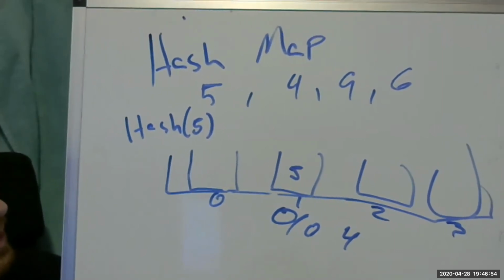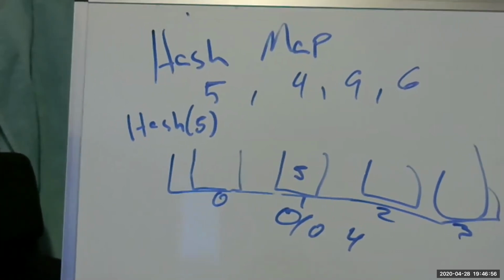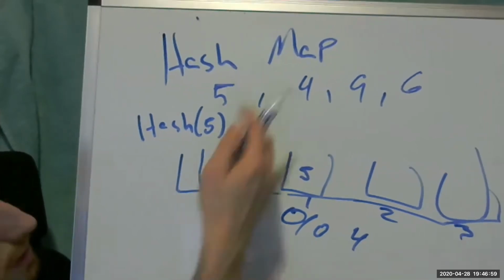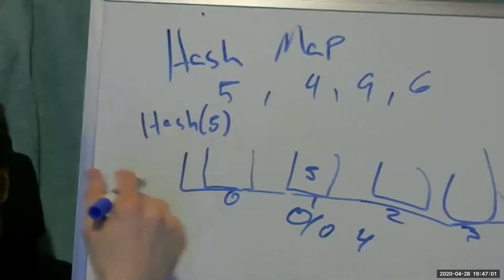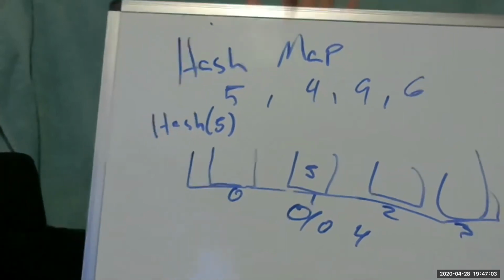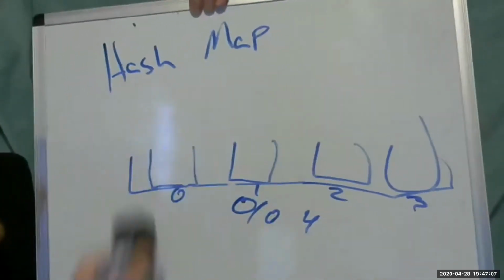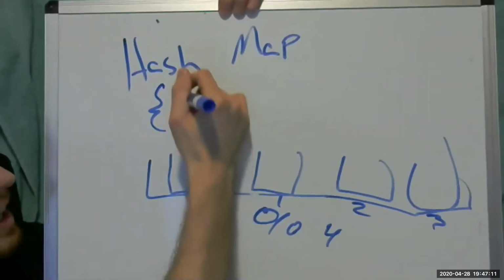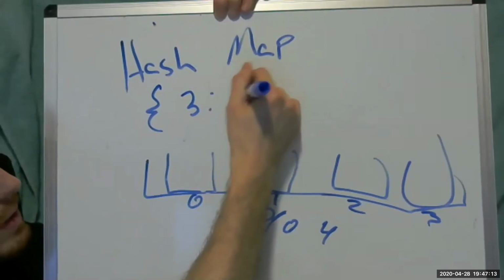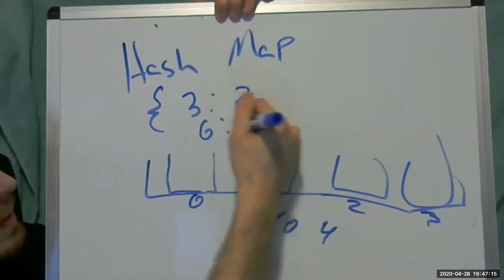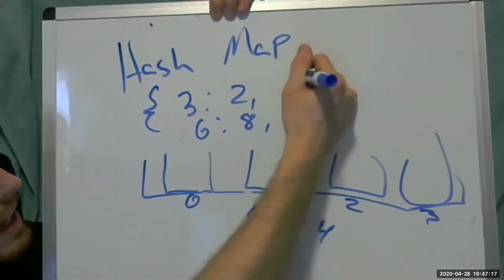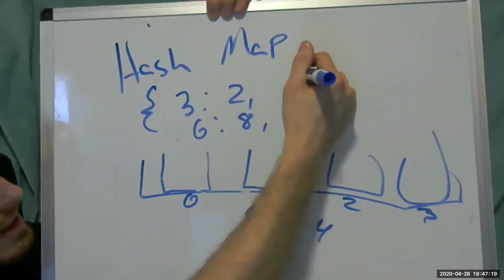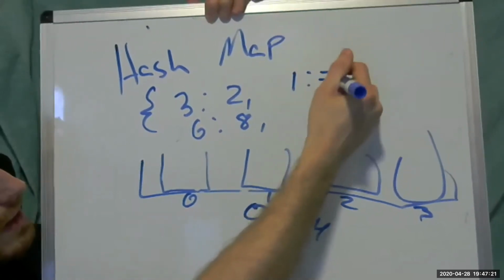How does this actually relate to our key value? We can do the same with our 4, hash 9, and it all is going to fill up. So let's say we want to make our object now. In our object, we want to have 3 point to 2, 6 point to 8, and let's say 1 point to 7.